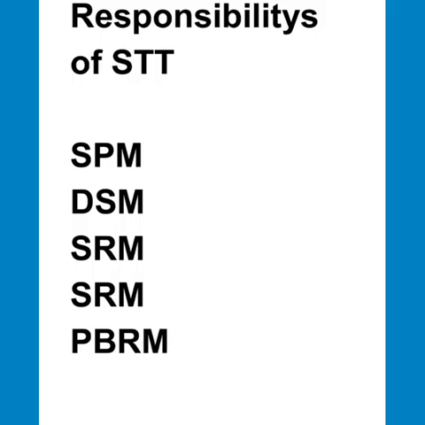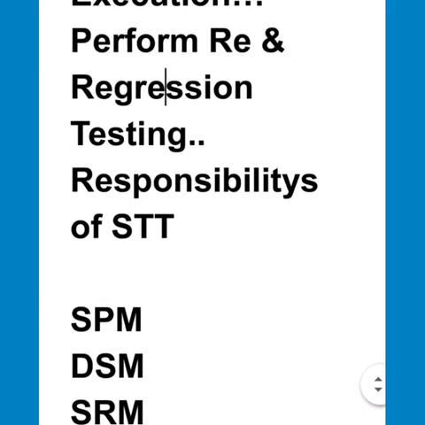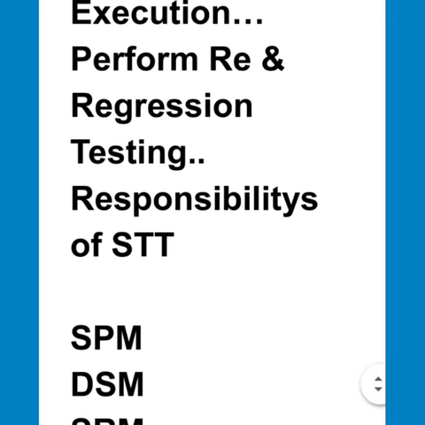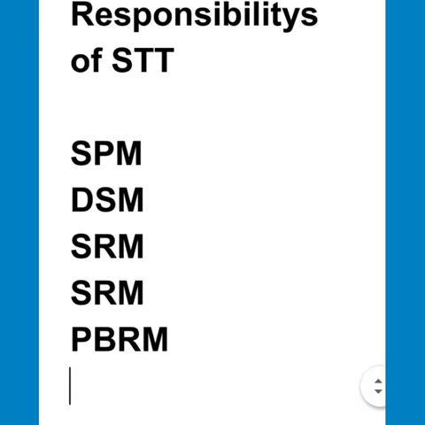In these 5 meetings he is responsible to participate. These are the roles and responsibilities of the Scrum team tester in the Agile Scrum process, in the Agile Scrum model.